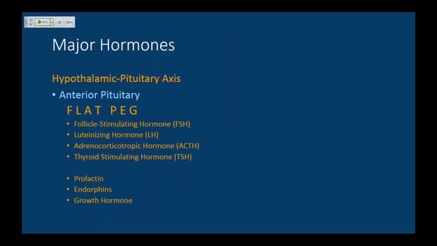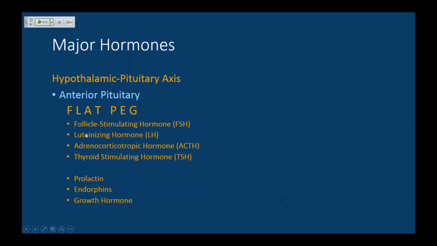Okay, and we're moving to the anterior pituitary, which has a ton of hormones and a ton of functions, and it's very, very high yield. So there's a mnemonic I like to remember the hormones of the anterior pituitary, and it's flat peg.